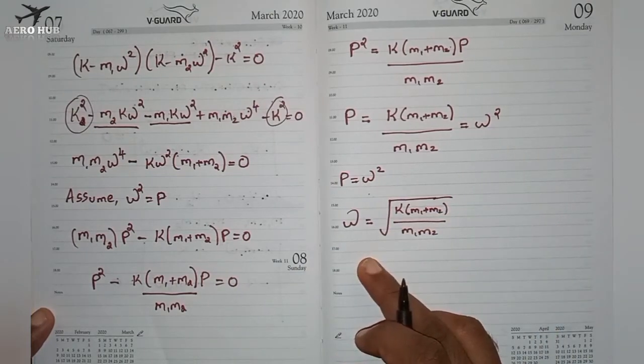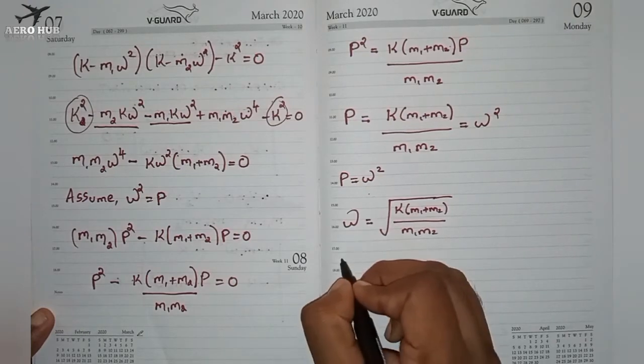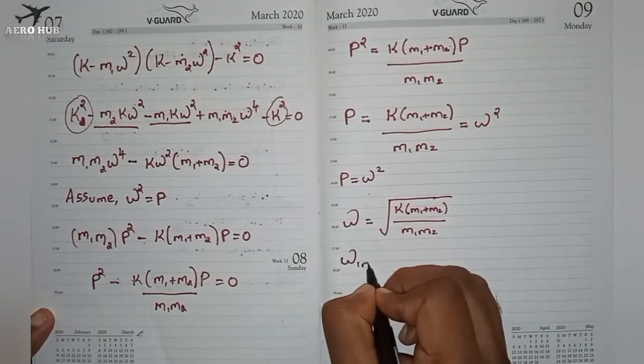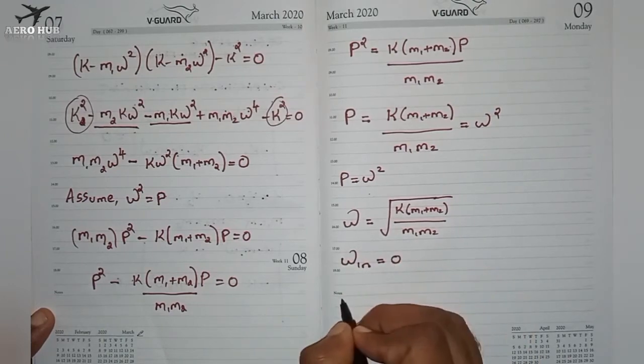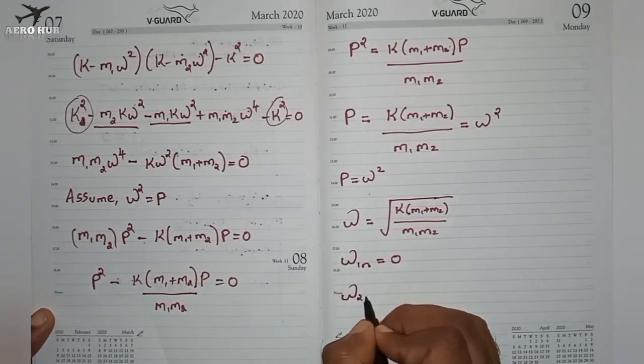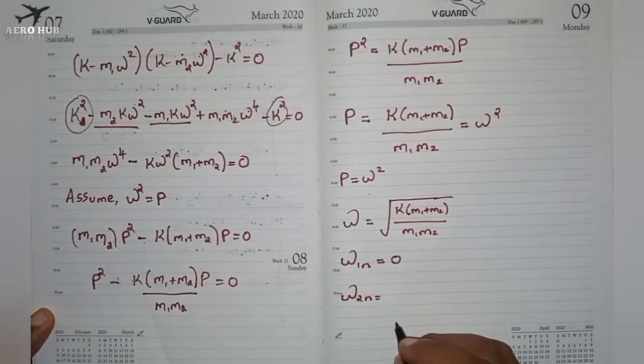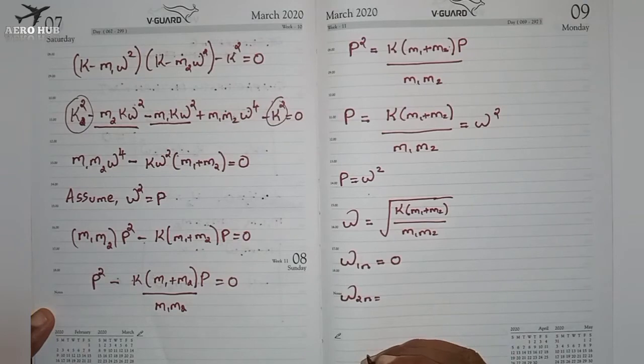So we have a semi-definite system, that is, natural frequency number 1 will be equal to 0, and the second natural frequency will be equal to the given value of omega. We found the natural frequencies from the characteristic equation; we equate the determinant to 0 to find the characteristic equation, to find the natural frequency of the given system.